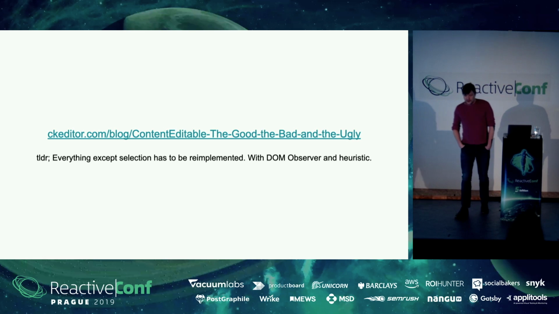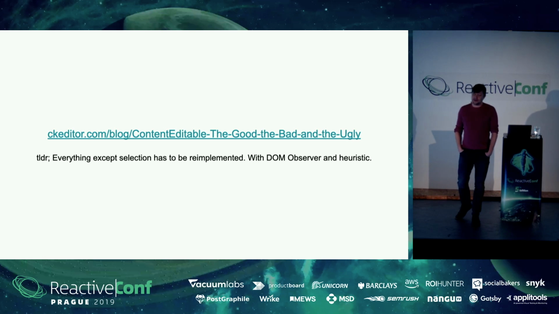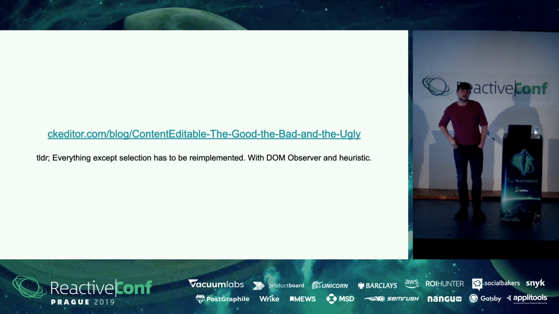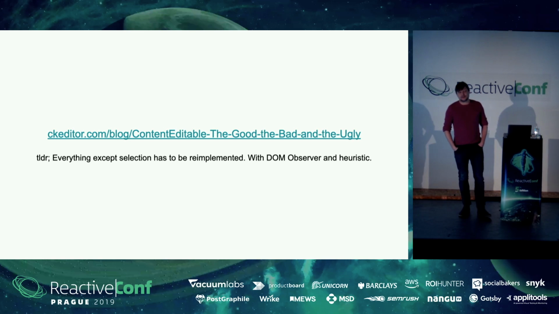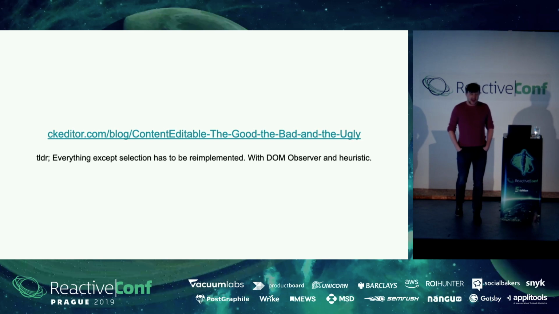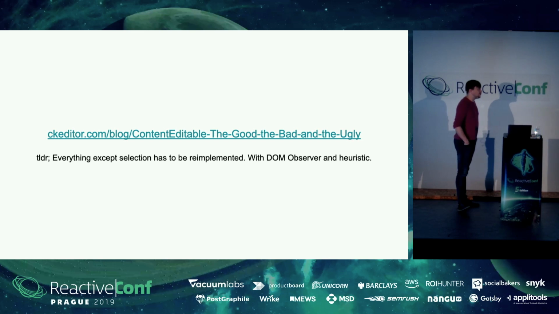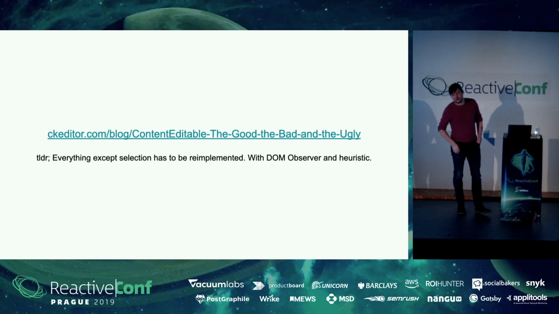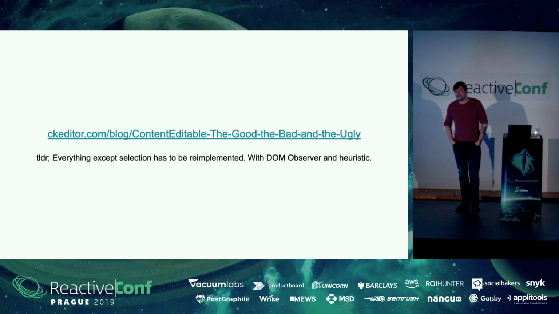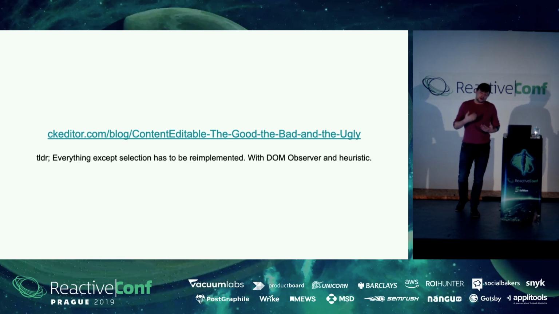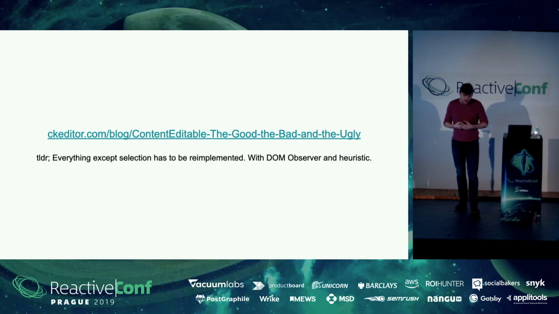Too long, didn't read: everything except the selection, the API which provides you the correct position, everything else must be re-implemented. And it's not so bad to re-implement manipulation of the document, but the hard thing is knowing what the user was trying to do.